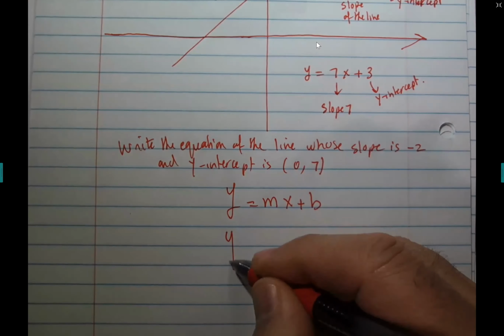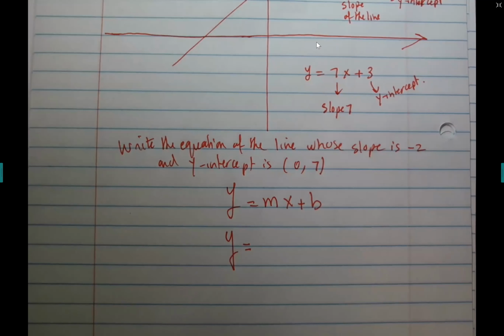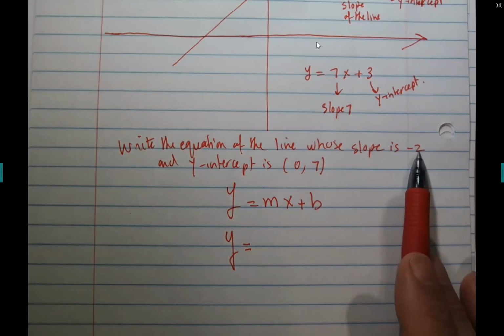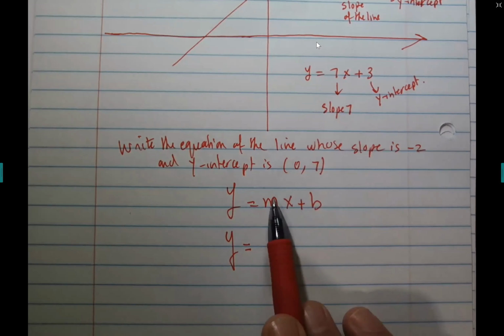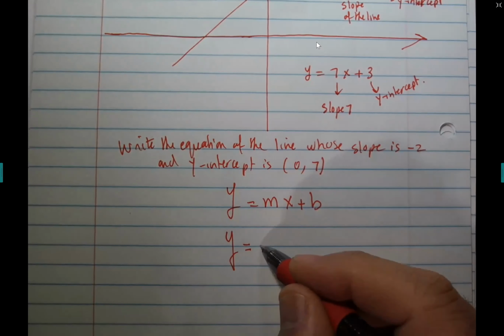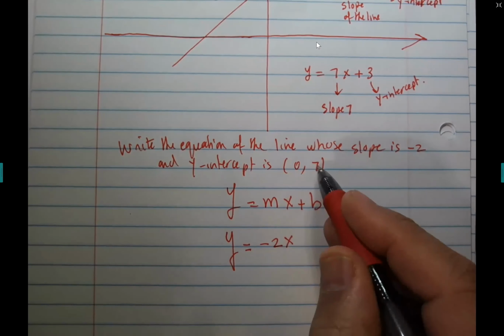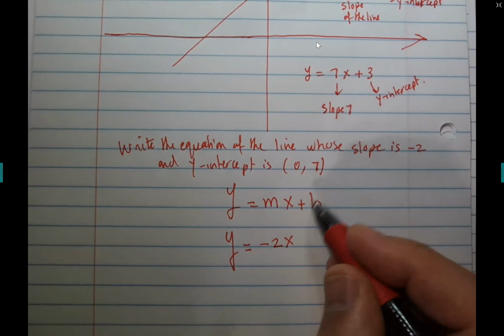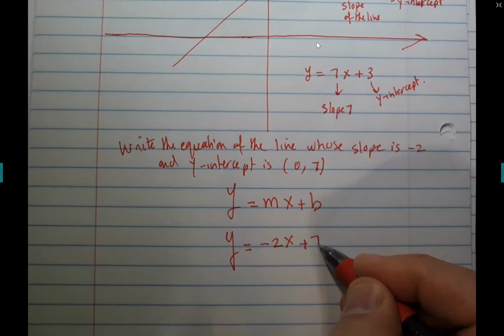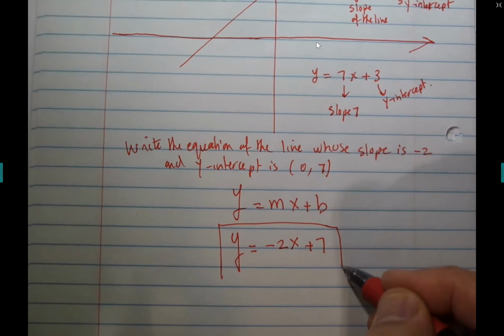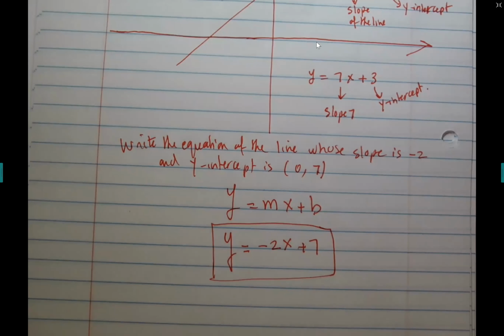Y equals what? What's the slope here? -2, which is the value of m. So just replace m by -2. And what's the y-intercept? That's 7. Just replace b with 7. And that's the equation of the line. Y equals -2x plus 7.